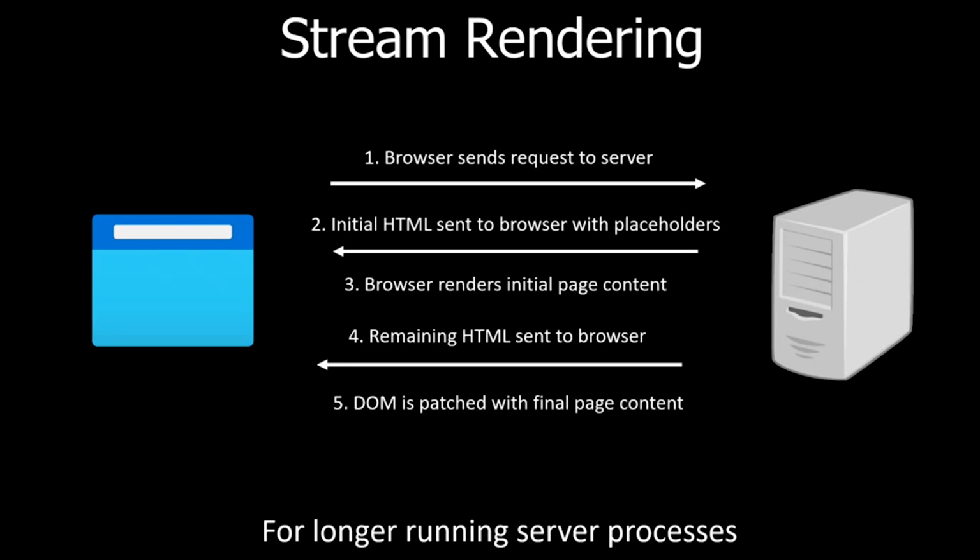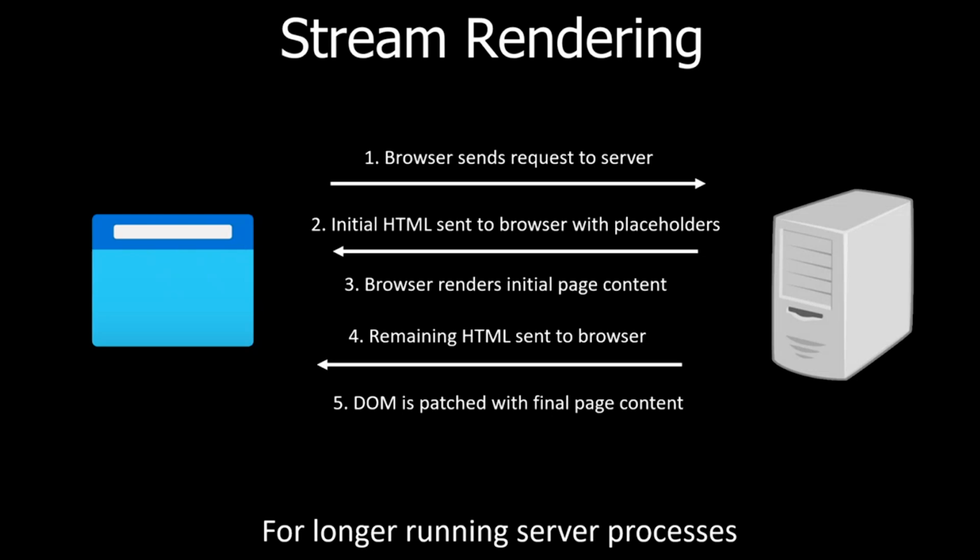Stream rendering, another new capability that was, of course, included, usually is more applicable to longer running server-side processes. So maybe if you have a database or some data access, which is going to take longer, is more intensive, or you have to make a remote API call, things that have some latency to them. You might want the user to get some initial HTML sent back to them in their browser so that they get at least some rendering to begin with.